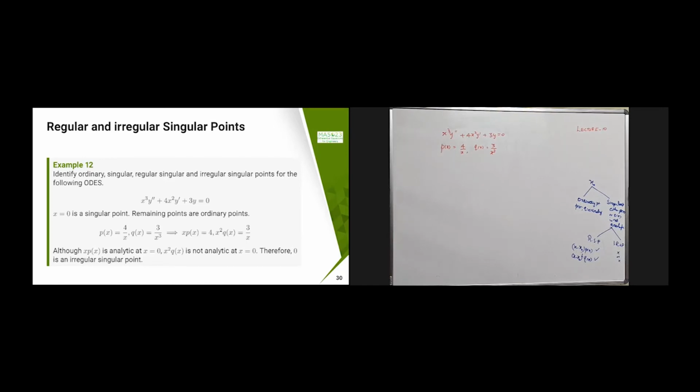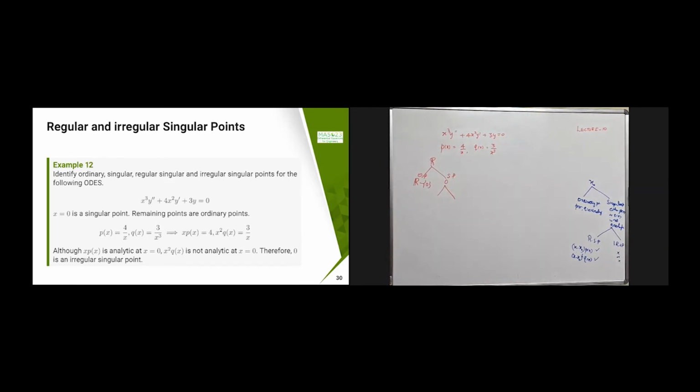In this case, once again, you can check that x equal to 0 is the only place where p of x and q of x are not defined. So R minus {0} is ordinary points, and 0 is the singular point. Now we got to check whether it is irregular or regular.